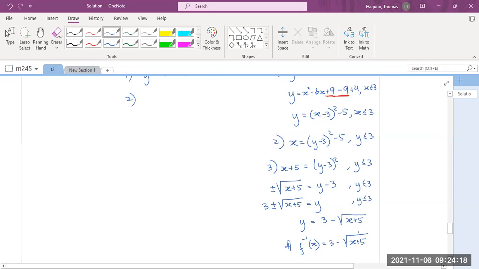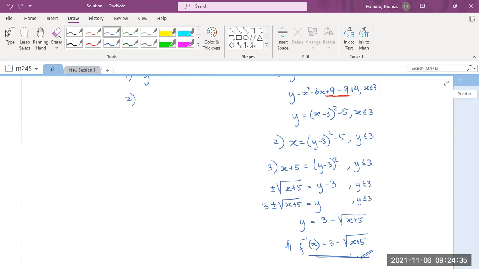Now, don't forget, once a function is one-to-one, so that we can find the inverse function, the inverse function has to be one-to-one also. The inverse has to be a function and it has to be one-to-one.